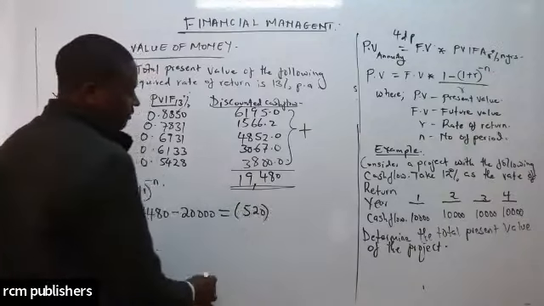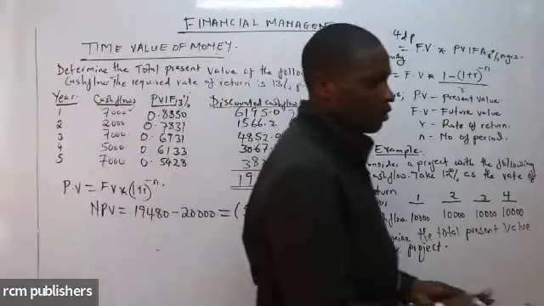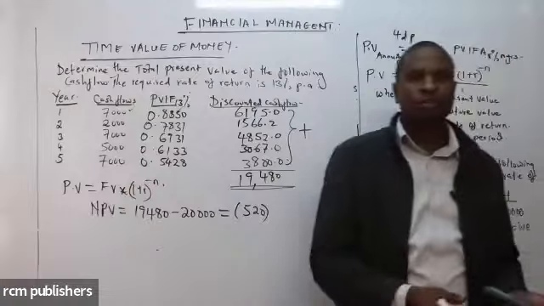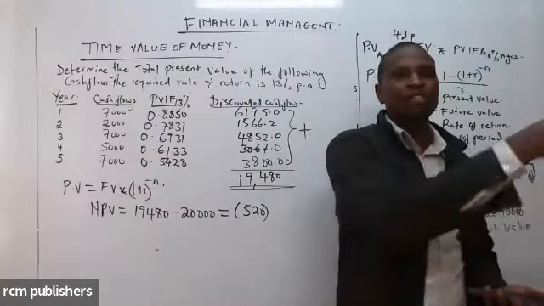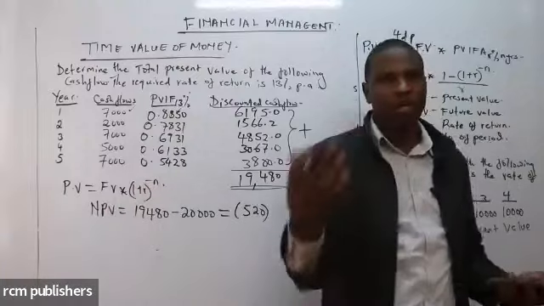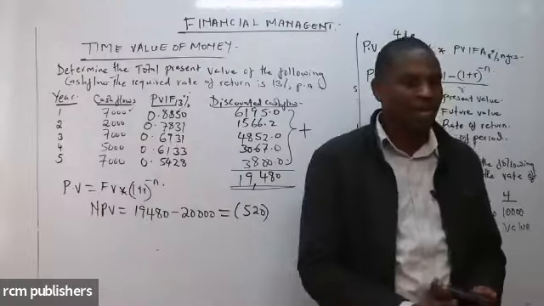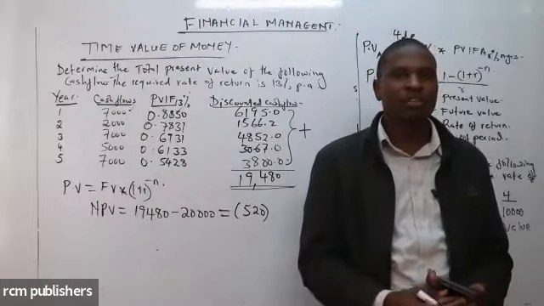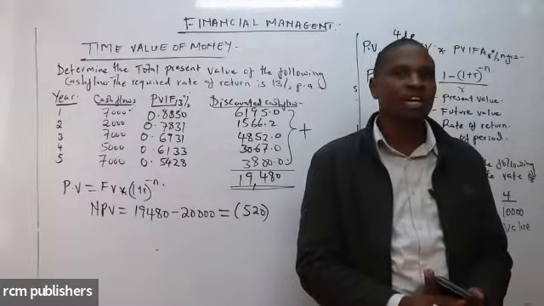As a financial analyst, if somebody brings you cash flow for a different project, maybe project ABC, and asks you to advise them, you first of all analyze. Now, in this case, we tell this guy not to invest in such a project.